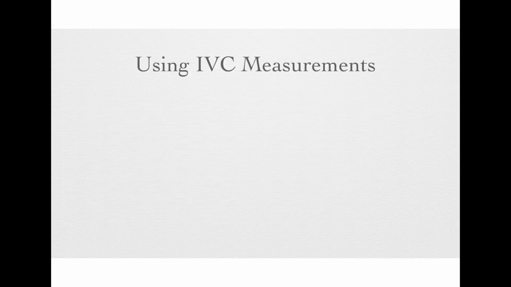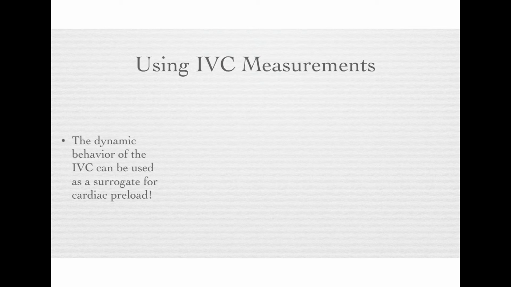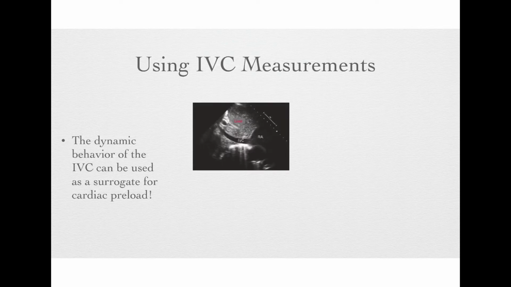So what are the tools that we have to assess this? Well, one of the easiest ones is measuring the dynamic behavior of the patient's inferior vena cava, or IVC, as this is a very good surrogate for right ventricular preload. And here's how it's done. This is an ultrasound image taken from a patient's subcostal window, specifically an IVC view.